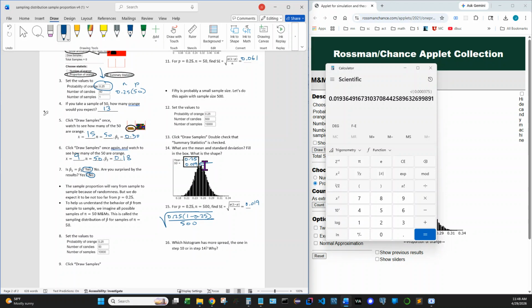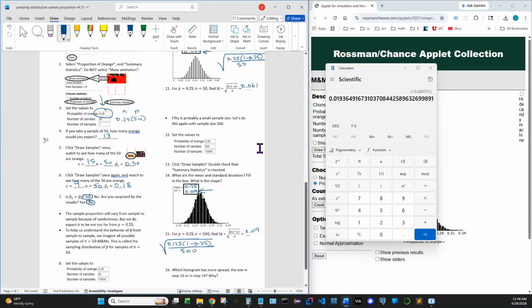So the formula works. The formula for the standard error really does work, okay? And we see it here matching up with the empirical results quite well in several cases. Which histogram has more spread, the one in step 10 or in step 14? The one in step 10 has more spread. If you look at the histogram here, it ranges all the way from about 8% up to even the high 40%.